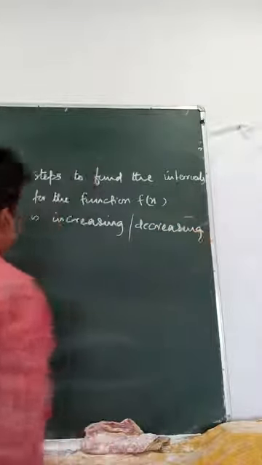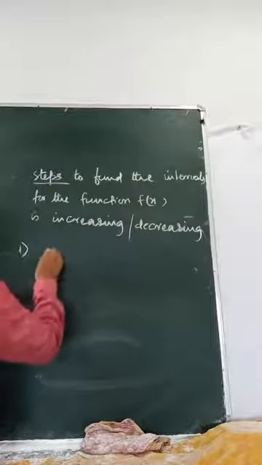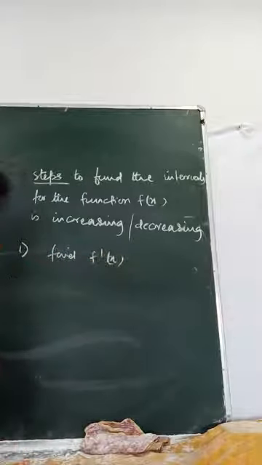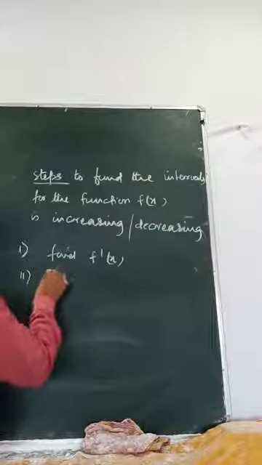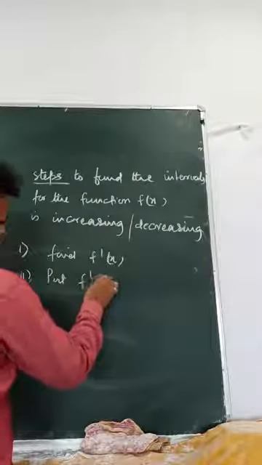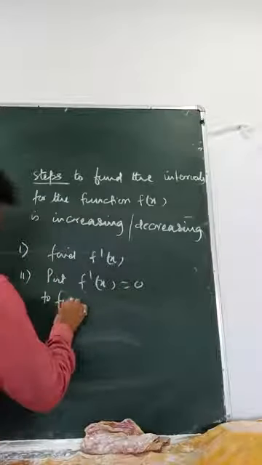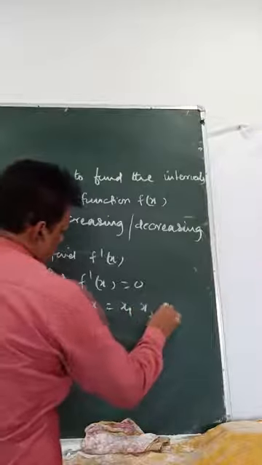So what are the steps we will follow? Step one, find f dash x, the first derivative. Second step, put f dash x equals 0 to find x equals different values x1, x2, x3 like this.